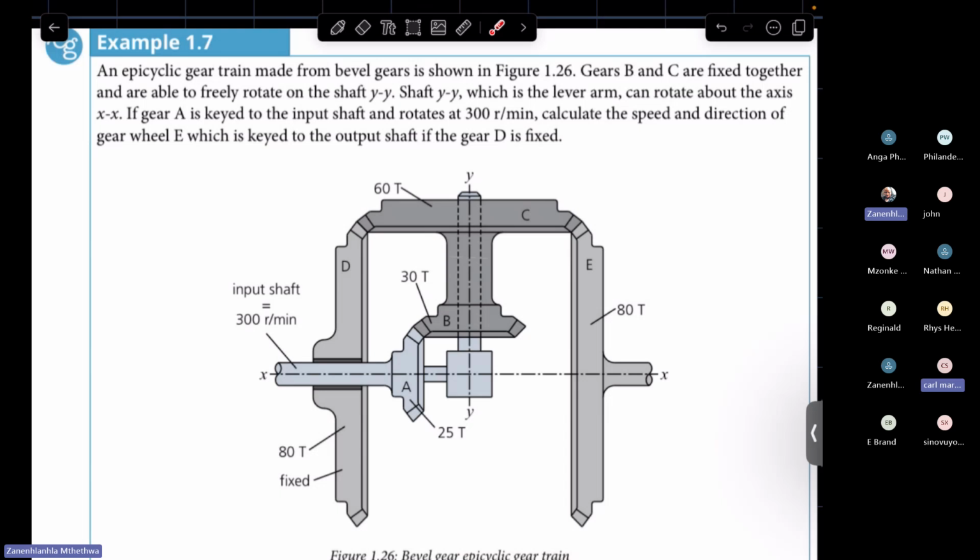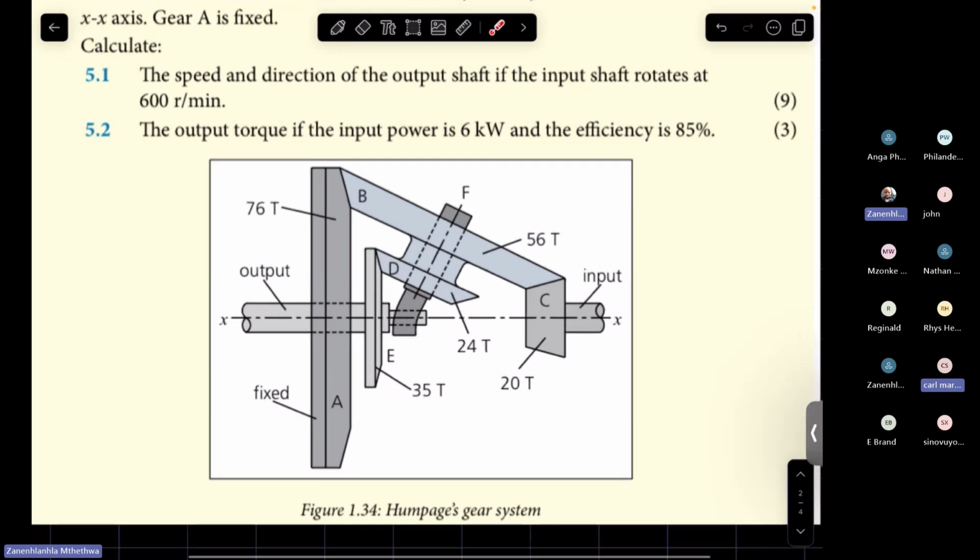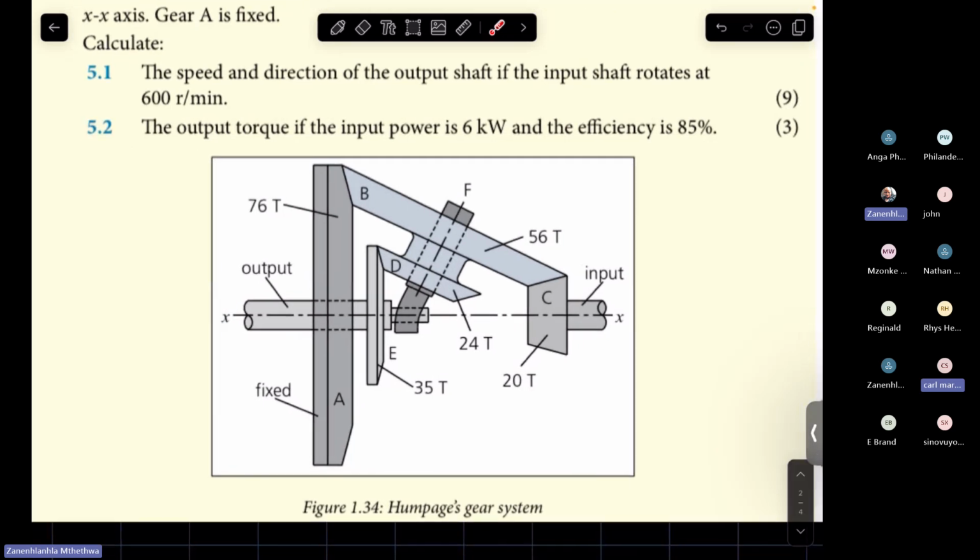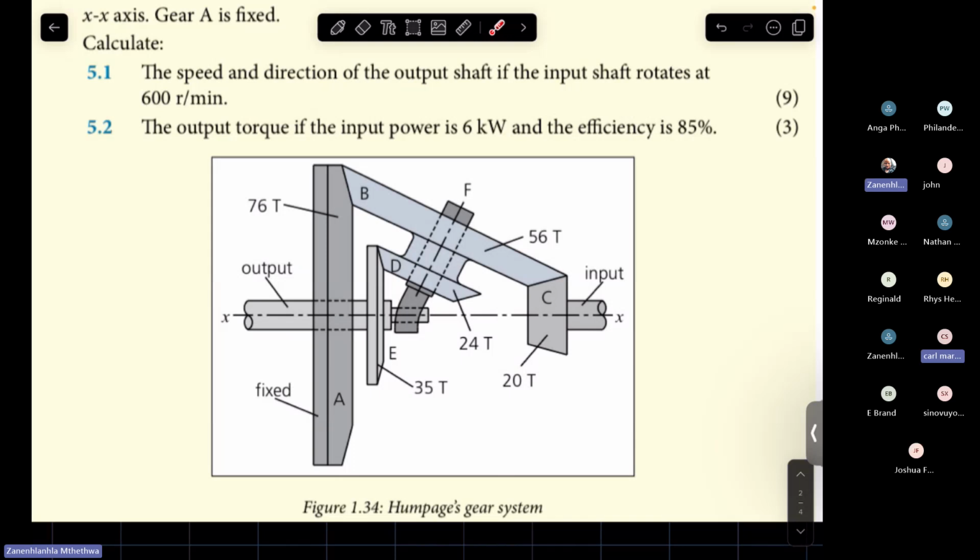Just a quick question about the previous picture that you showed us. If E and D were not fixed, would we ever get an example where E and D would not be fixed inside of that specific gear, and it's an independent gear, or is it always going to be fixed inside of the gear?